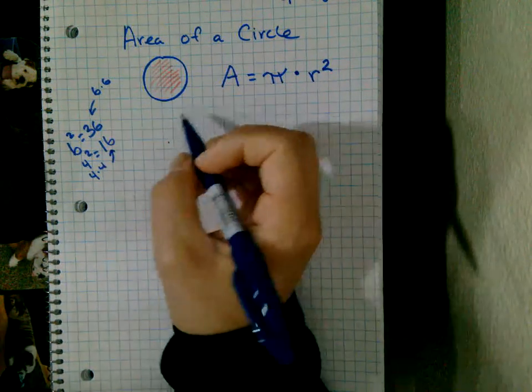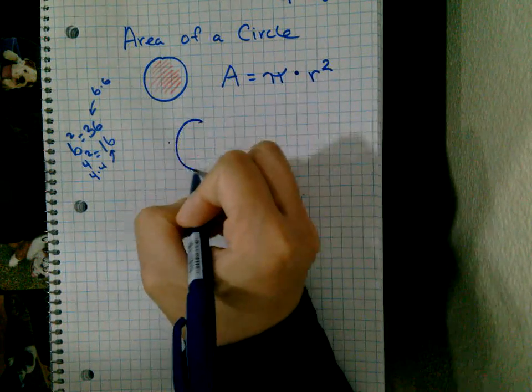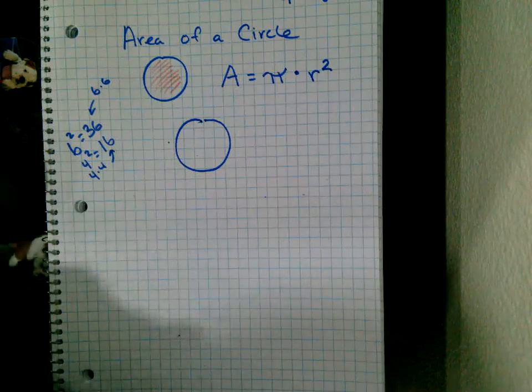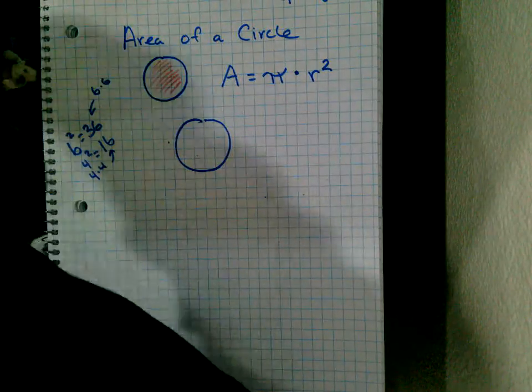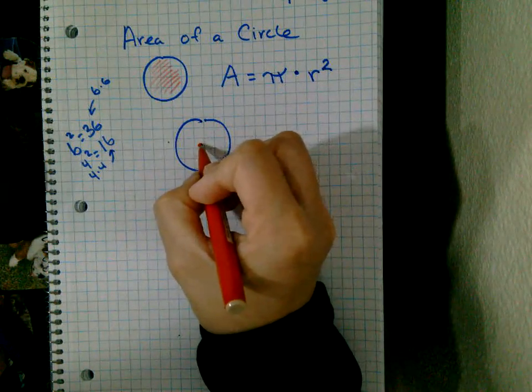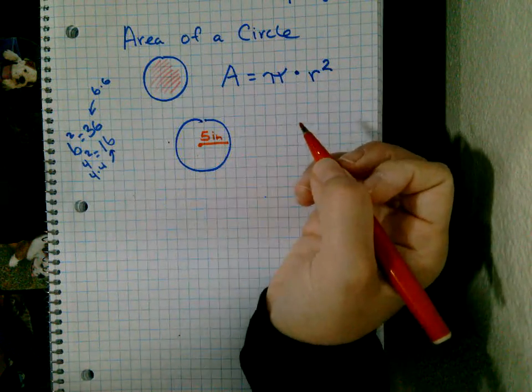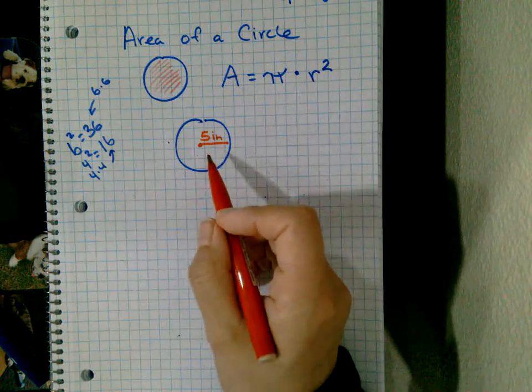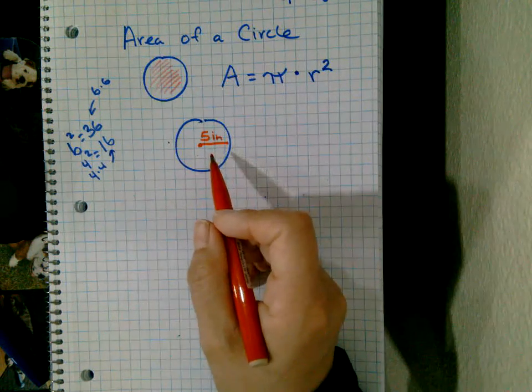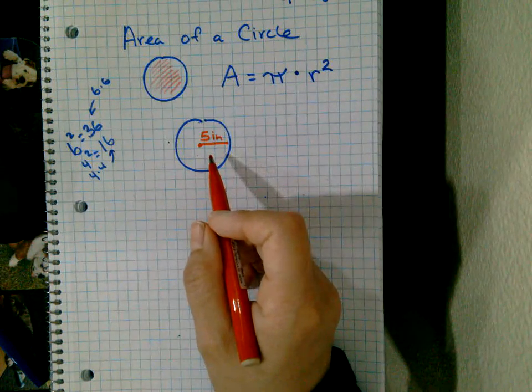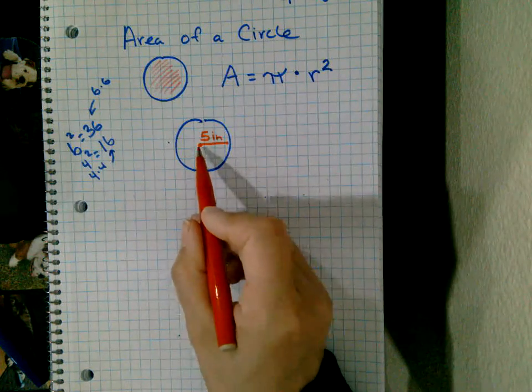All right, let's do a problem. So I have my circle here. And we're going to do center and then out. And then we're going to go 5 inches. All right. So the information that I gave you, first you got to determine, did I give you the radius or did I try to trick you now and give you the diameter? Well, it's half.